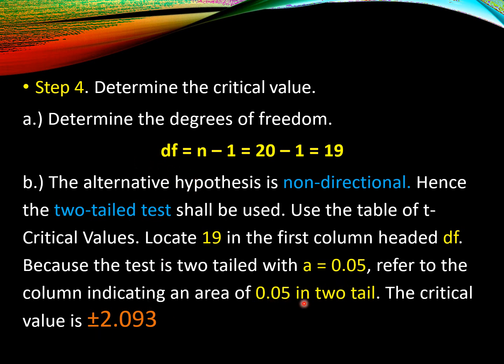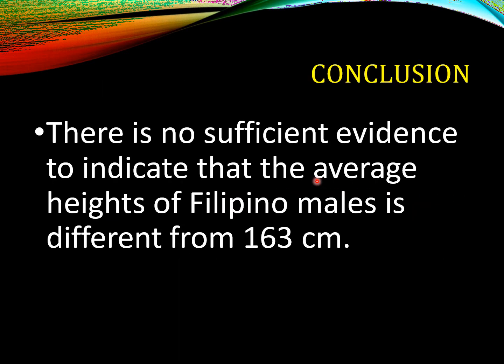Okay? So, area in two-tail, o area of 0.05 in two-tail, not one-tail, ha? Kasi non-directional tayo, yung example natin. Okay. For the conclusion, there is no sufficient evidence to indicate that the average height of Filipino males is different from 163 centimeters.